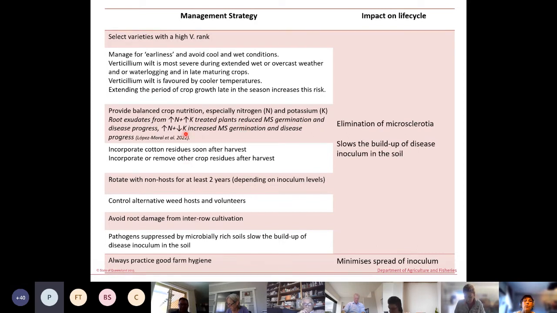When they removed the K or lowered the K, there was an increase in the germination of microsclerotia in the soil and an increase in disease.